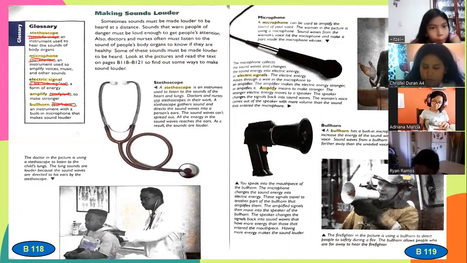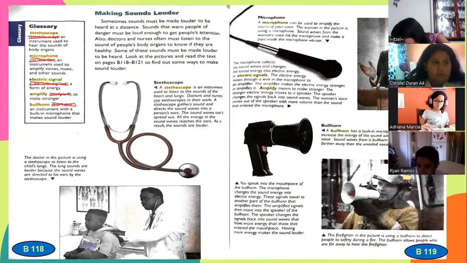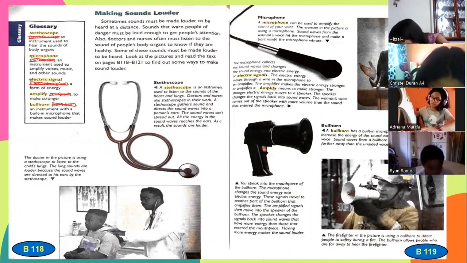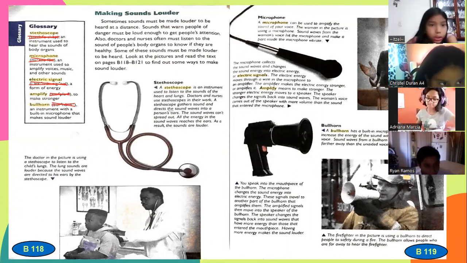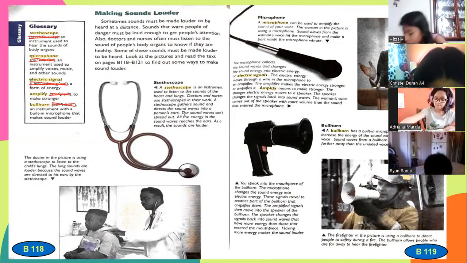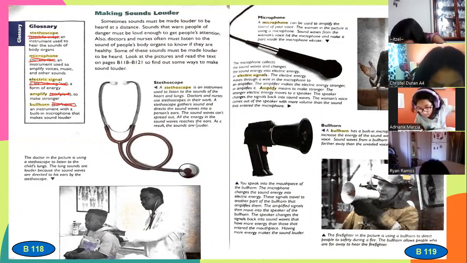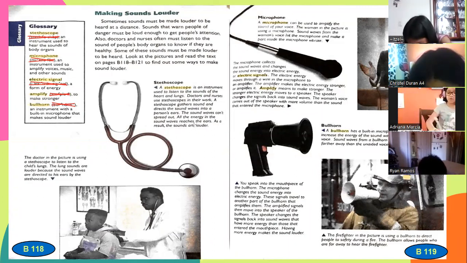With a stethoscope, you can also listen to the lungs, los pulmones. Doctors and nurses use stethoscopes in their work. A stethoscope gathers sounds and directs the sound waves into a person's ear. The sound waves cannot spread out. All the energy in the sound waves reaches the ears.